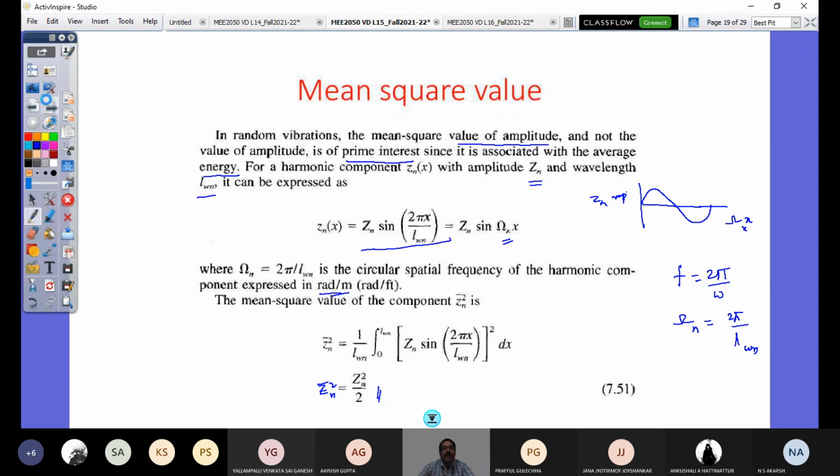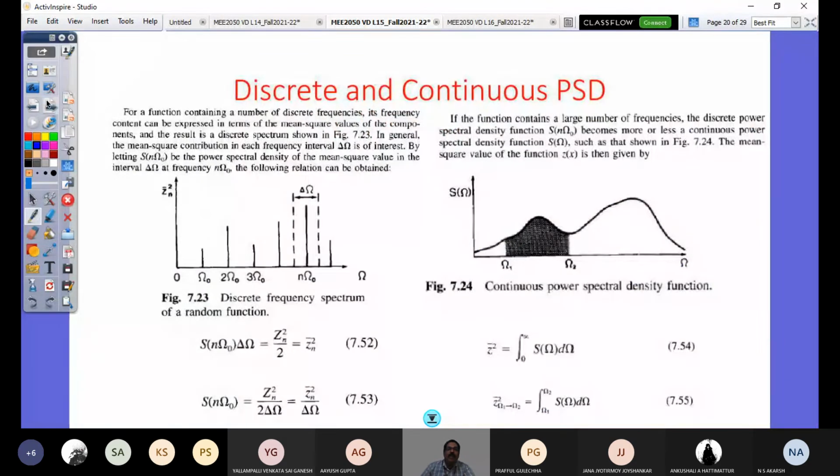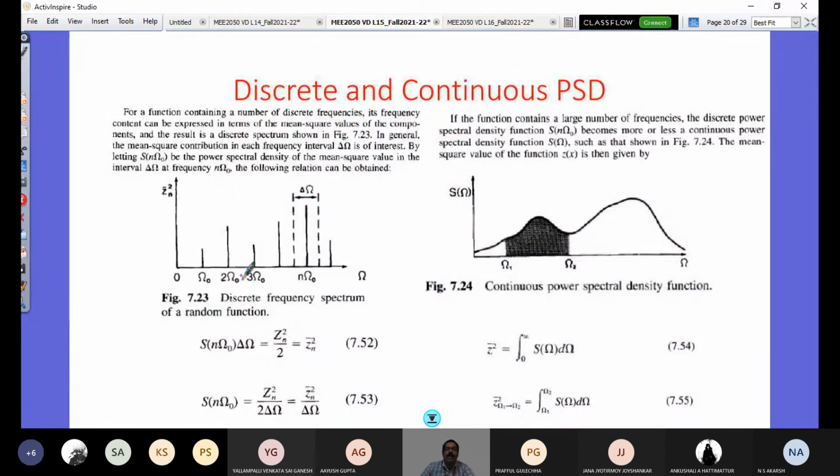If that is so, you can look at now, I have spatial frequency, instead of one, a central frequency omega naught and then its multiples, with the range of delta omega, that is the upper and lower spatial frequency difference. My mean square value would be different for different central frequencies.